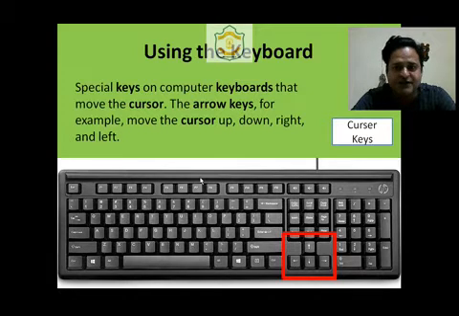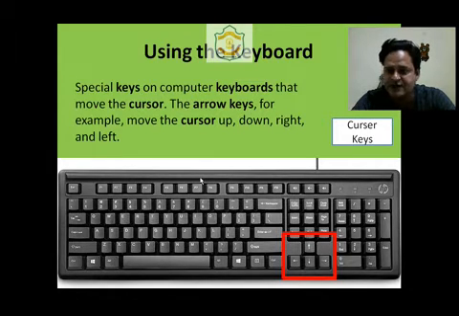You can notice in this video a red frame where you can easily identify the arrow keys. Those arrow keys are called directional keys or cursor keys, which are used to move our cursor up, down, right and left.